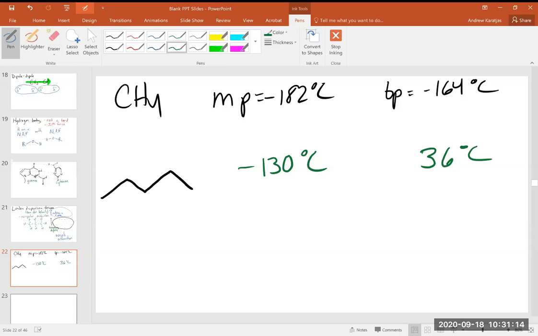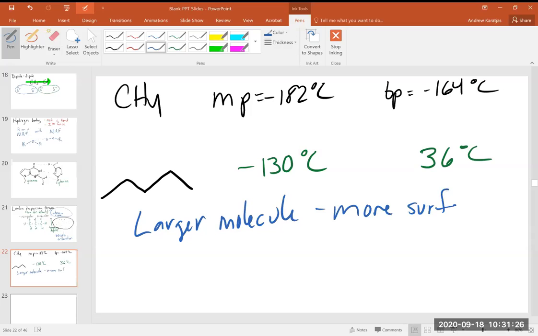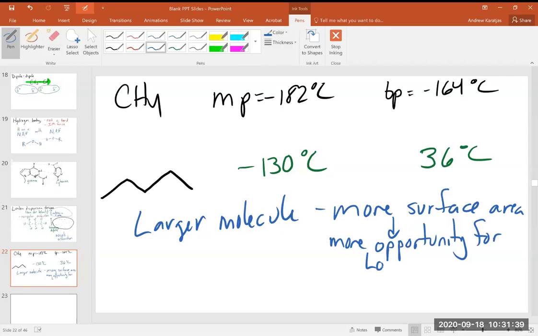So why the difference? Well, larger molecule leads us to more surface area, which gives us more opportunity for London forces.